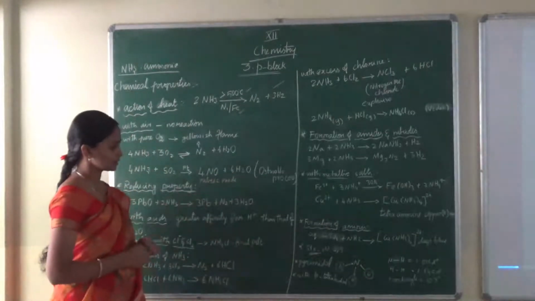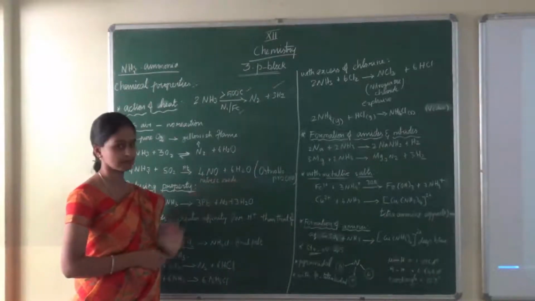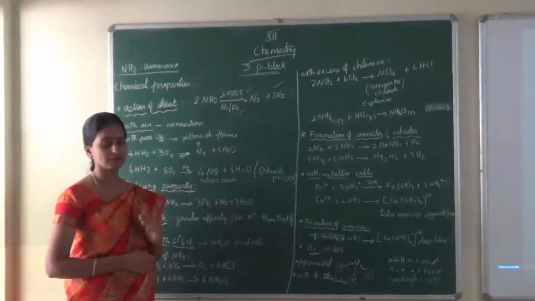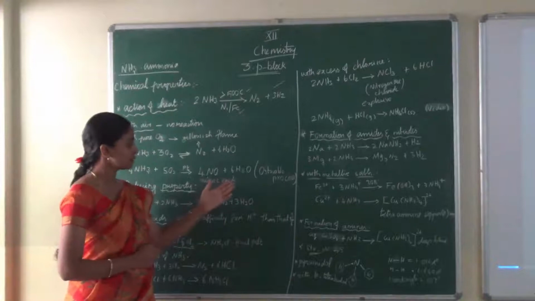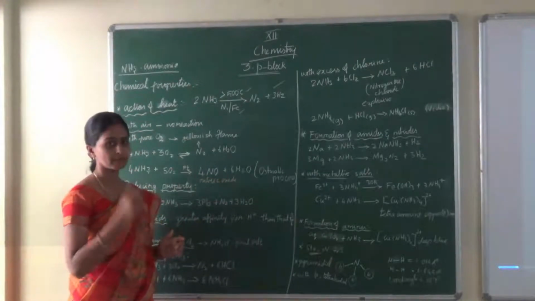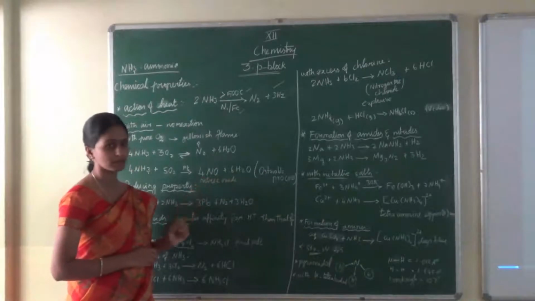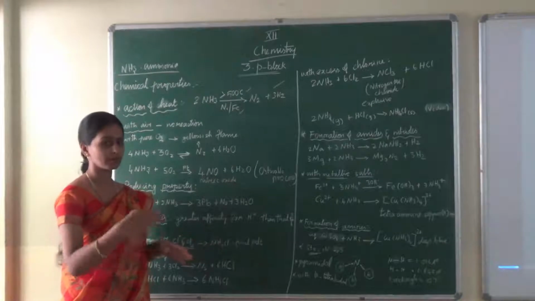This nitric oxide is used to prepare nitric acid in Ostwald's process. Ostwald's process is a major process used to prepare nitric acid. In that process, the first reagent, otherwise the source, is nothing but nitrogen monoxide, otherwise nitric oxide.